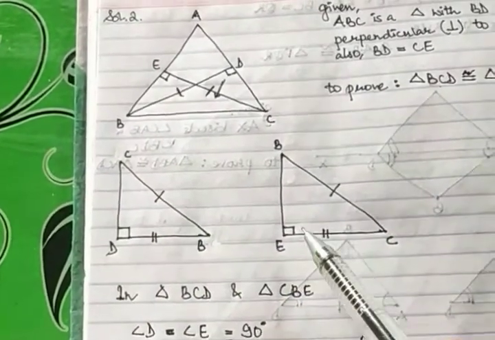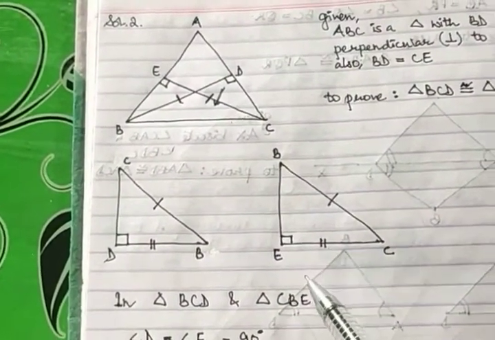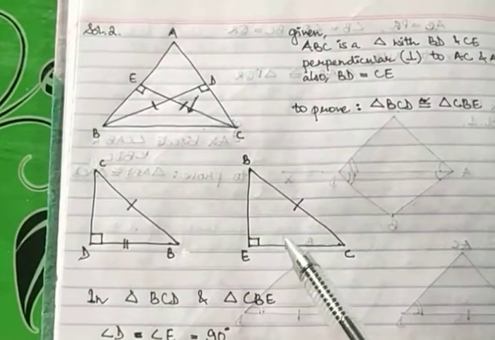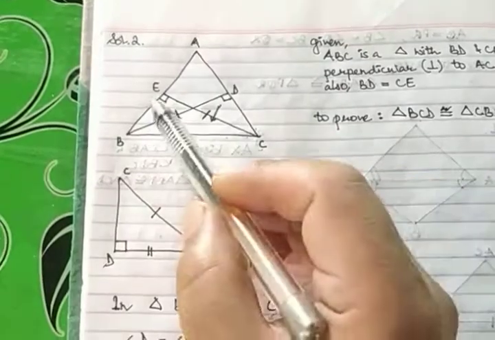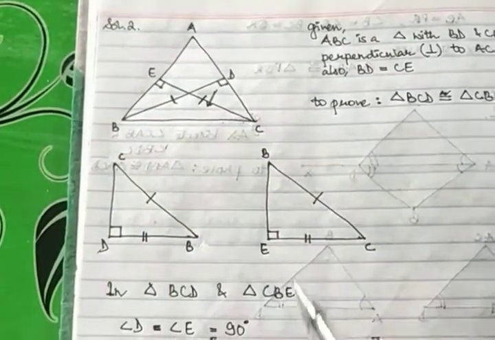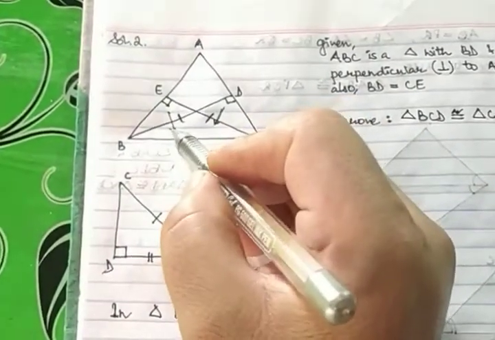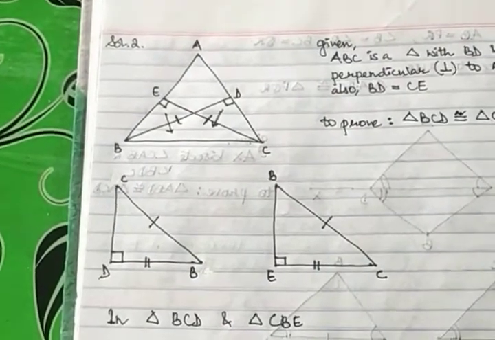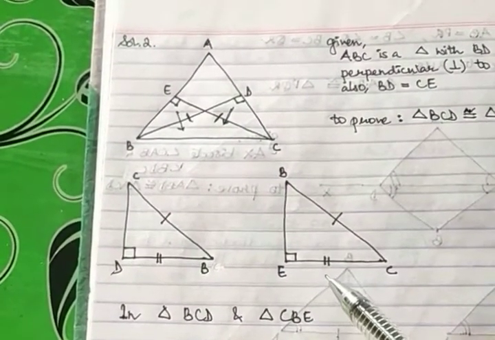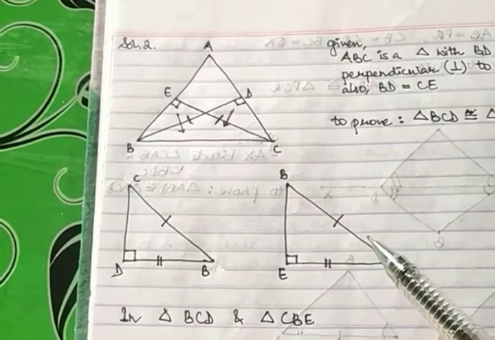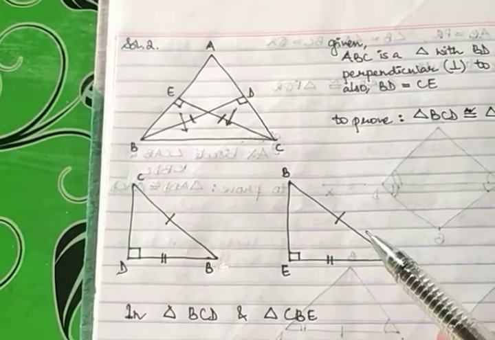Now another triangle, that is triangle CBE. This triangle has 90 degrees at E, so I have drawn it at E. Opposite is BC, again the same hypotenuse. So BCE.